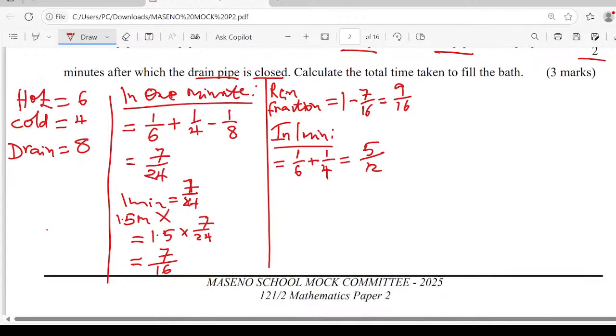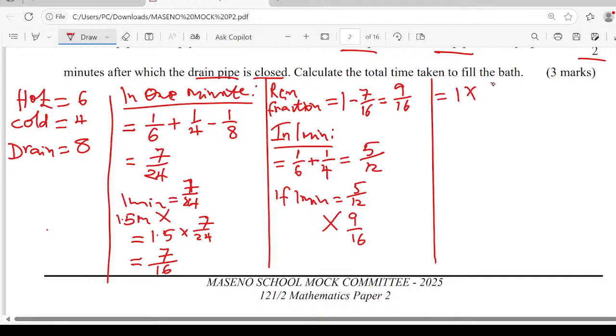So I'll ask myself, if 1 minute makes 5/12 to be filled, what about this remaining fraction, 9/16? How long will it take to be filled? You cross multiply. So I'm going to have 1 times 9/16 divided by 5/12.